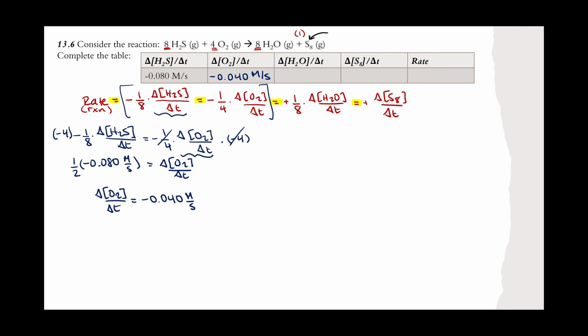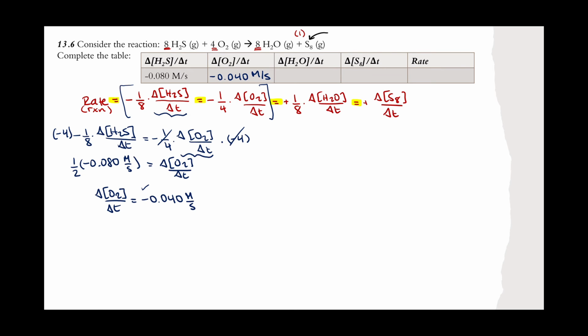And that is consistent with what we would expect. This is a reactant, so having that negative sign there would be expected. We also have a higher quantity of dihydrogen sulfide than we do of the oxygen gas, so we would expect that the dihydrogen sulfide disappears faster.